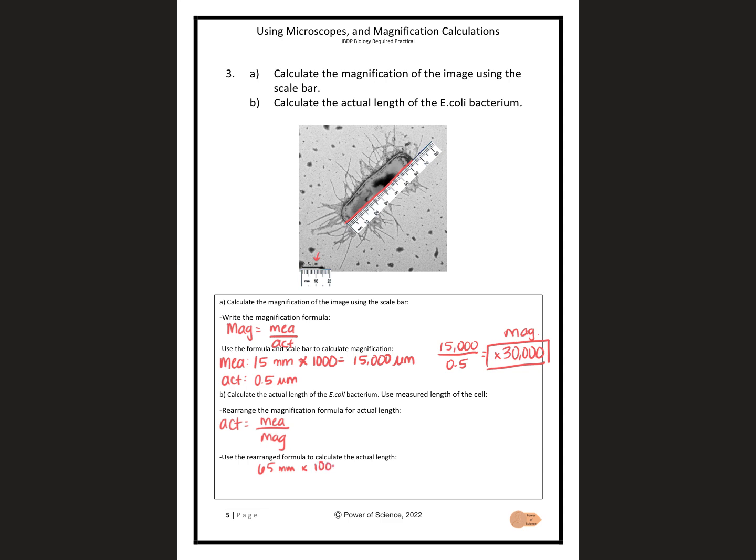So I'm going to do times 1,000, and that is 65,000 micrometers. And then, so that's going to be your measured, and then we're going to divide that by our magnification, which was 30,000. And so this is going to give us approximately 2.17 micrometers as our actual length.